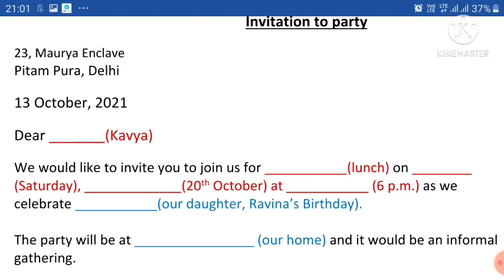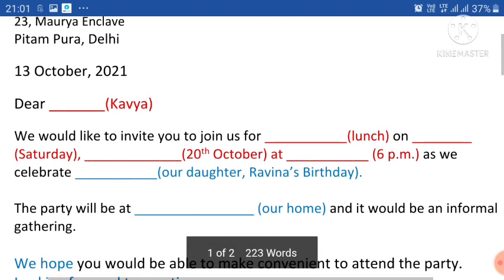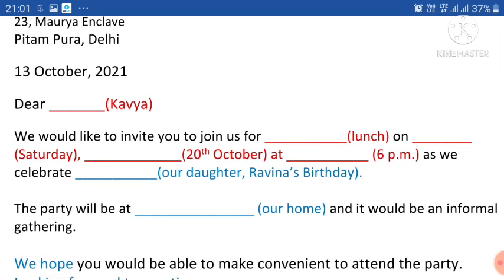We would like to invite you to join us for dash, for an occasion like lunch, or a get together, or a party, or a tea party on Saturday. It could be any day that you think of. On Saturday, 20th October, or any date, at the time.